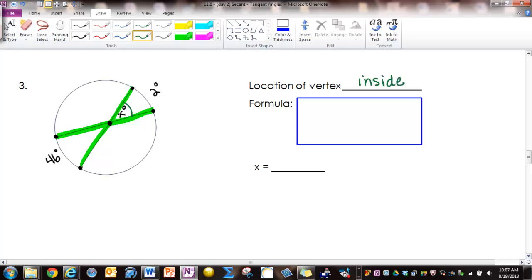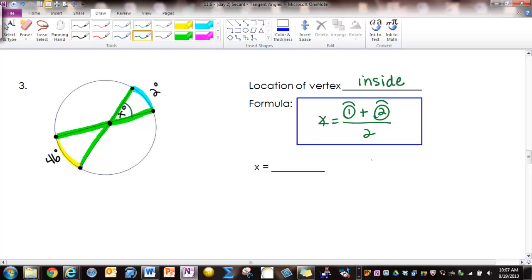Whenever your vertex of your angle is inside the circle, the measurement of that angle is equal to the measure of arc 1, which is its intercepted arc, plus the measure of arc 2, which is its vertical angle's intercepted arc, divided by 2.